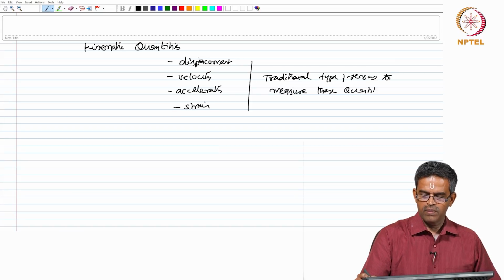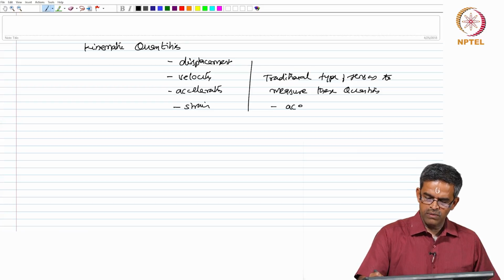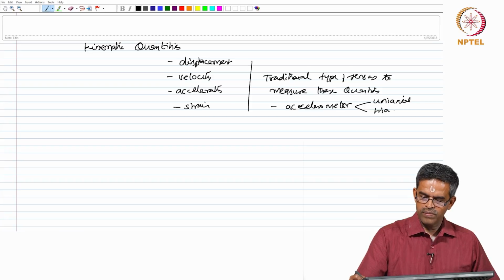For example, one can use accelerometers, both uniaxial and triaxial.